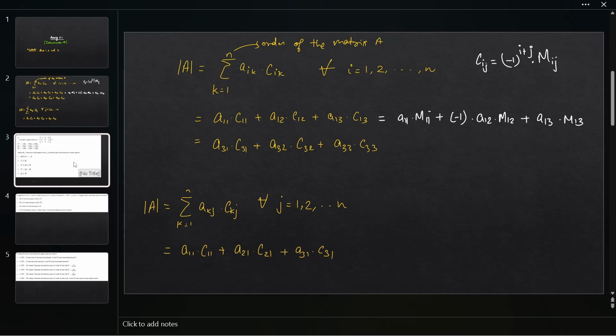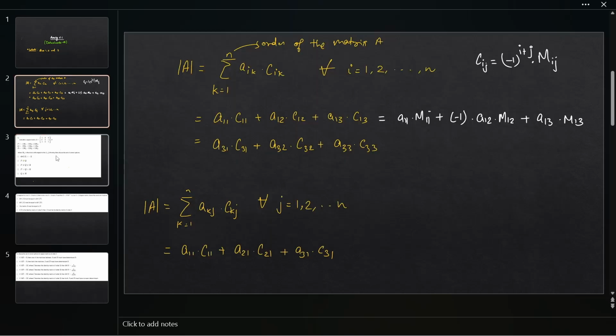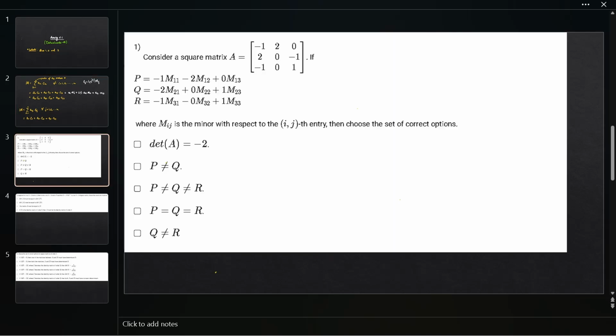Let's see, can we see some similarity here? That is minus 1 into M11. And what is minus 1? Minus 1 is basically the first element here, which is my A11. What is 2? 2 is my A12. What is 0? 0 is my A13.